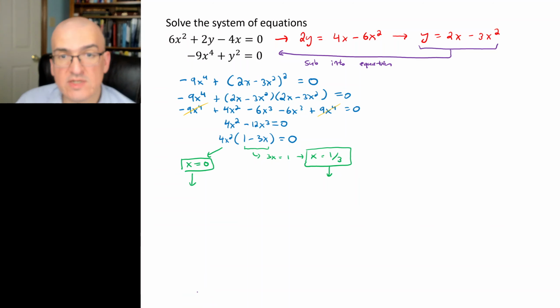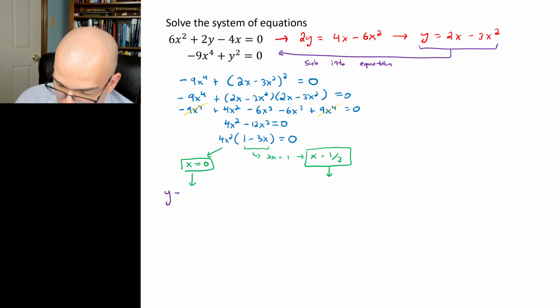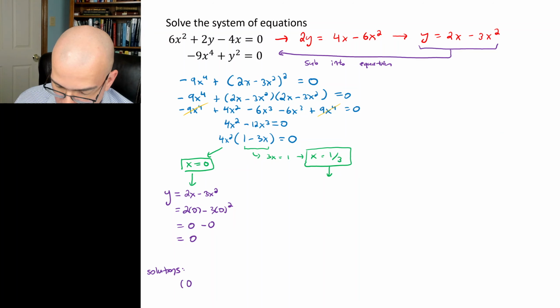So if x is equal to 0, then y is equal to 2x minus 3x squared, so 2 times 0 minus 3 times 0 squared, which is 0. So one solution is 0, 0.